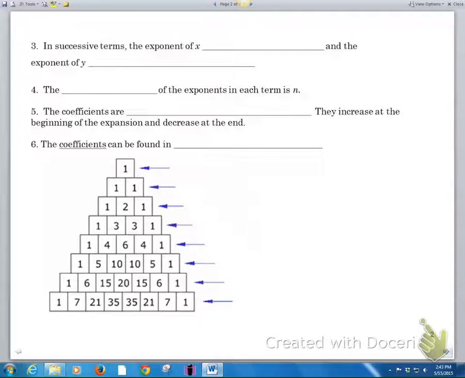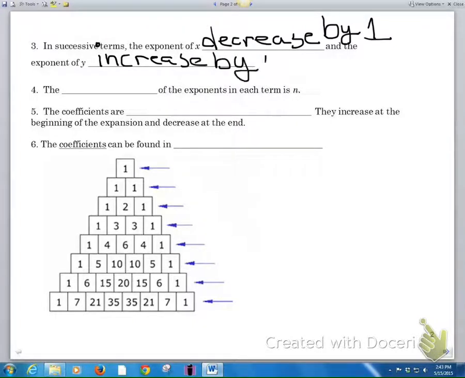So, in successive terms, the exponent of x decreases by 1, and the exponent of y increases by 1. So you want to notice that. The sum of the exponents in each individual term adds up to n.